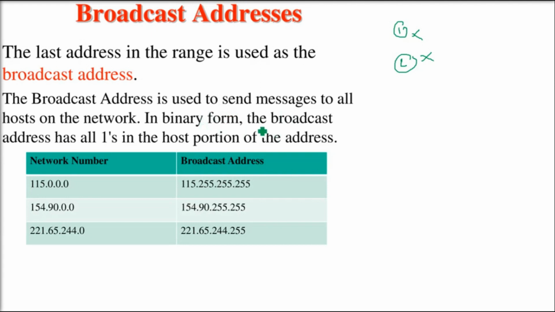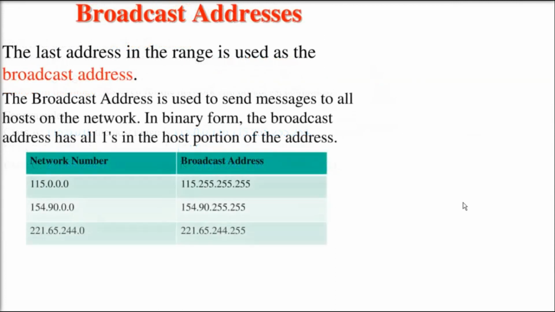In binary form, the broadcast address has all ones in the host portion of the address. If you have a network number 115.0.0.0, you replace 0 with 255, and it will be the broadcast address. Wherever you see 0, put 255, and it will be the broadcast address of the same network. If you put 255.255.255.0, it will be the network number.